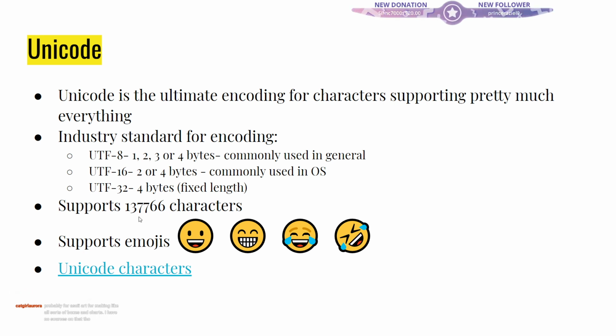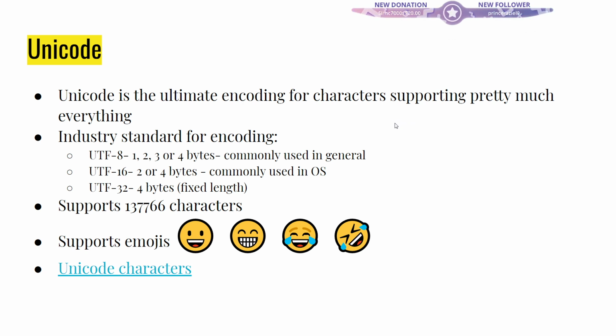And how do you make such characters? Well, think about every language that ever existed and take all the characters of those languages, add emojis on top, and you have that many characters. Without Unicode, emojis would not be possible.